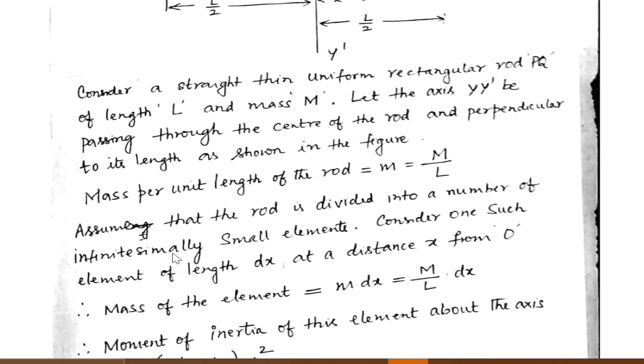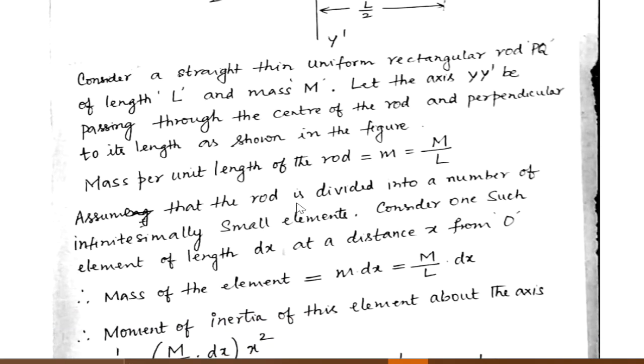Mass per unit length of the rod is small m. It is equal to mass of the rod, capital M, divided by length of the rod, capital L.